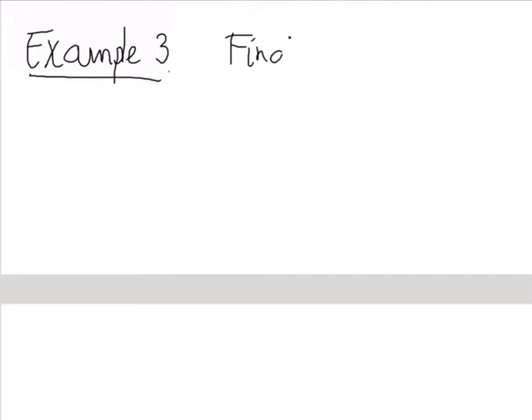Now let's look at another example. Example 3. Find the Laplace transform.